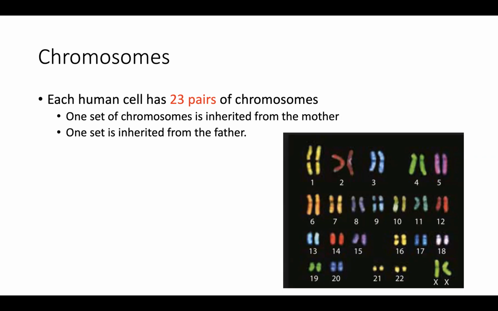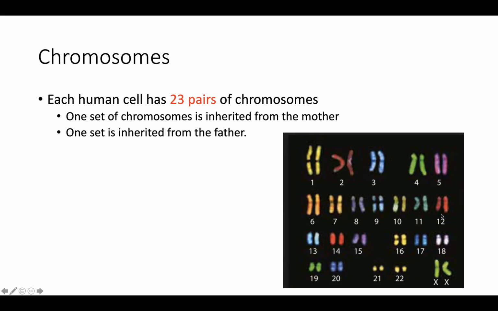Our chromosomes are identified by a number. Humans have 22 pairs, 1 through 22, 22 pairs of somatic chromosomes and 1 pair of sex chromosomes. Sex chromosomes are indicated by letters and not numbers.